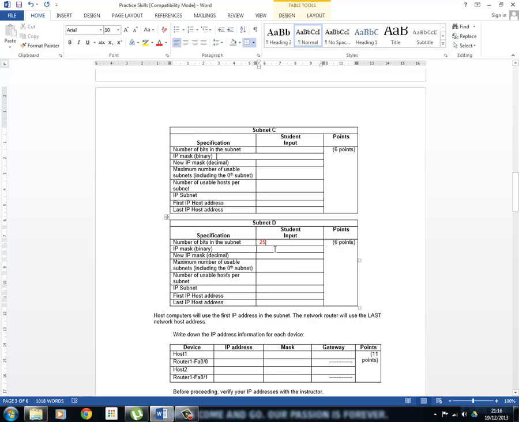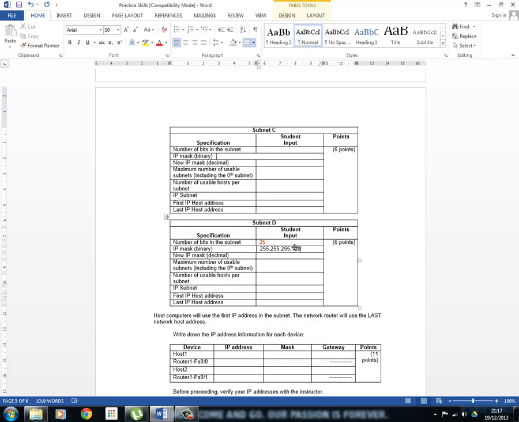Okay. Now, the IP masking binary. Okay, well this is going to be 255.255.255.128, because the 1 bit we've borrowed, if we look at that on the chart, it states that it is 128.